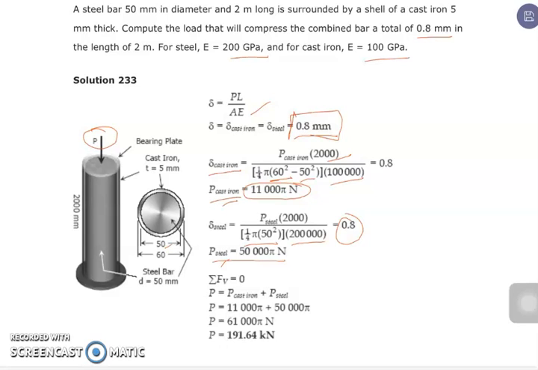We simply substitute the values, 11,000 and 50,000, and that gives us 61,000 pi Newton, or that is equivalent to 191.64 kilonewton.